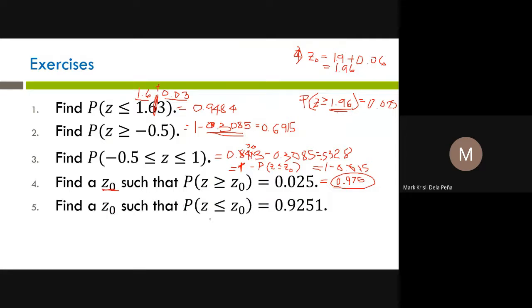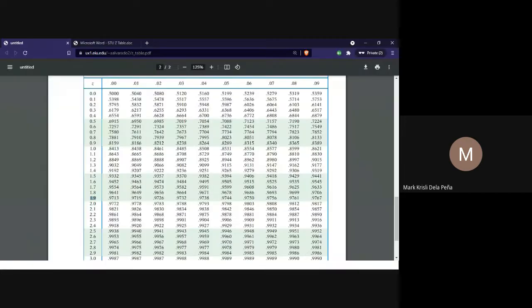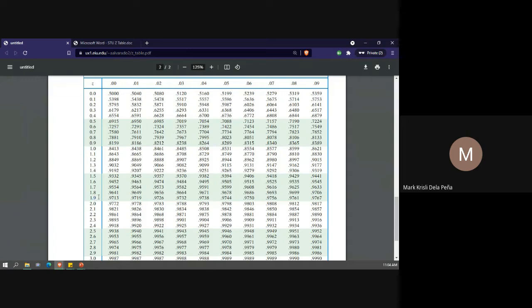The other one is much easier since the notation is less than or equal to. So find a z where the area is 0.925. Going back to our table, that's 0.9251. So we have 1.4 and 0.04.